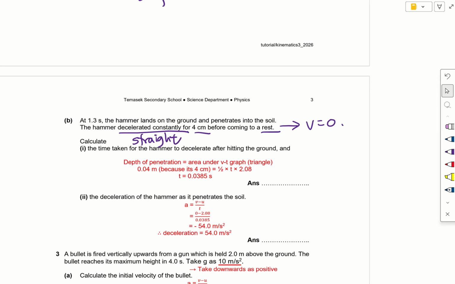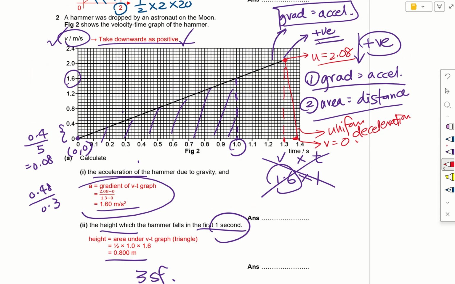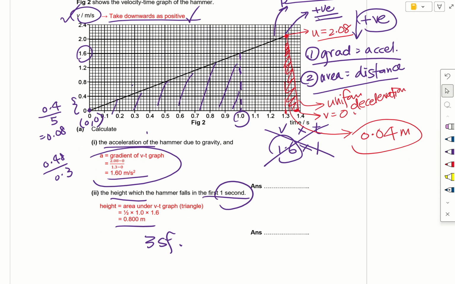They say that the hammer decelerated constantly for 4 cm. Okay, so this 4 cm, I need to change it to 0.04 meters. That means this triangle here that I have drawn must represent an area of 0.04 meters because that is the distance traveled. Okay, so that's why I say my answer is not correct yet because I don't know at what time it reaches.